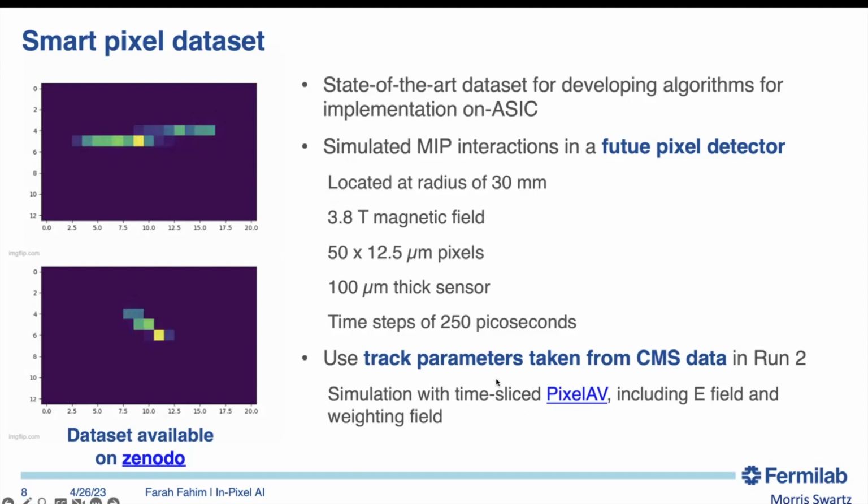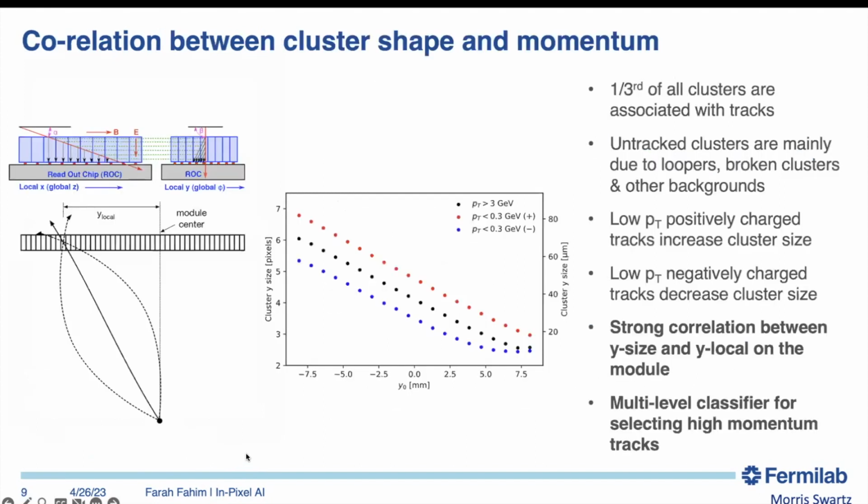For the simulations, we've used time-sliced pixel AV, which is provided by Morris Schwartz from Johns Hopkins. It includes both the electric field and a weighting field to do the simulations. But if you go to this site, you'll get access to the data set as well as all the underlying constraints that were taken into account for generating the data sets.